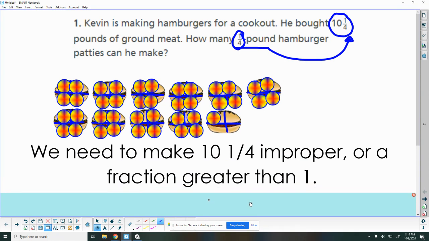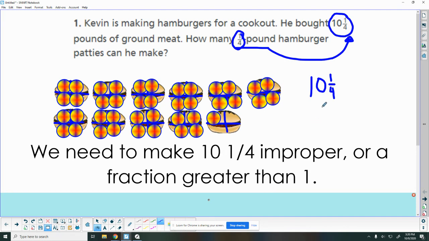So one way that we could do that differently is we could take 10 1/4 and make it into a fraction greater than 1, which is what we did here by seeing all of these shaded in pieces. So here's 4, 8, 12, 16, 20, 24, 28, 32, 36, 40, 41 pieces.